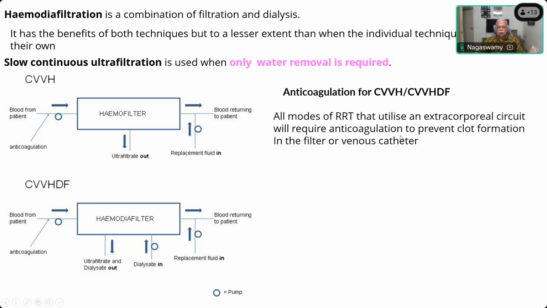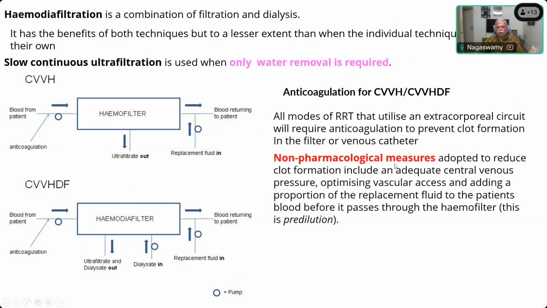And what are the methods of doing that anticoagulation? One is the non-pharmacological method, where you adapt to reduce the clot formation. For that, you must have an adequate CVP pressure, you must have a good vascular access, and you can add a portion of replacement fluid to the patient before it passes through the hemofilter, which is called pre-dilution.